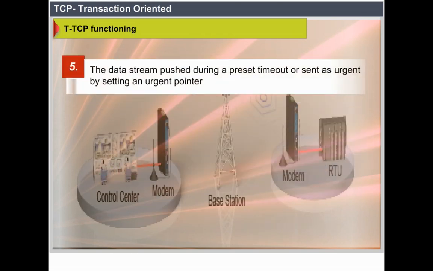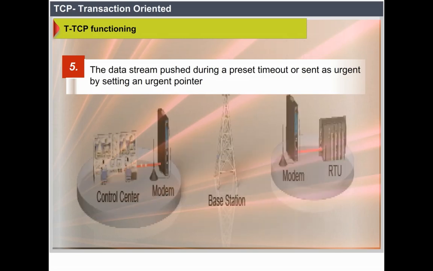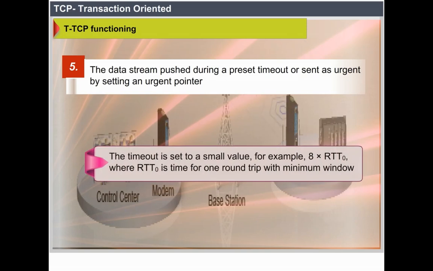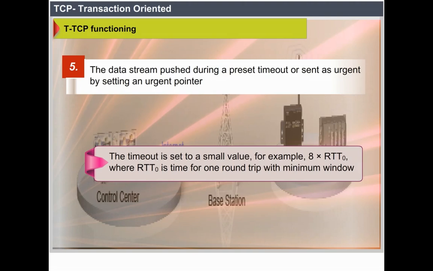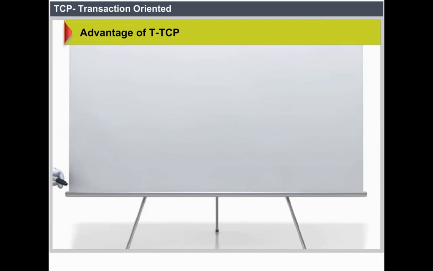The data stream is pushed during a preset timeout or sent as urgent by setting an urgent pointer. The timeout is set to a small value, for example 8 × RTT0, where RTT0 is the time for one round trip with minimum window. TTCP thus becomes efficient for short data streams.